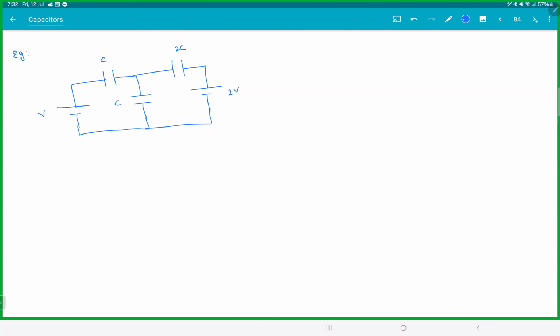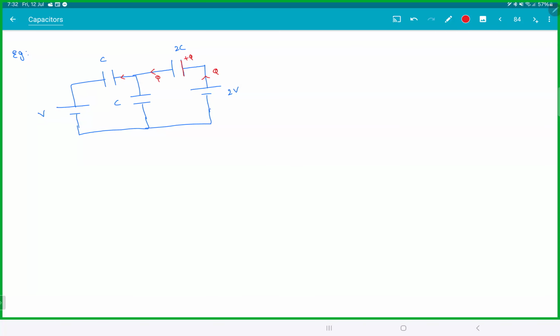Step 1. Assume charge Q from any one battery. I'll assume from this one. As the charge is flowing, remember, whichever plate the charge touches, that's your positive plate. Now, how do you know that's the positive plate? I don't know. Assume, science will take care of it. I'm not drawing the negative plates. So charge Q is flowing like this.